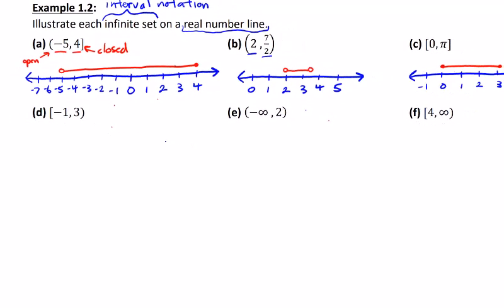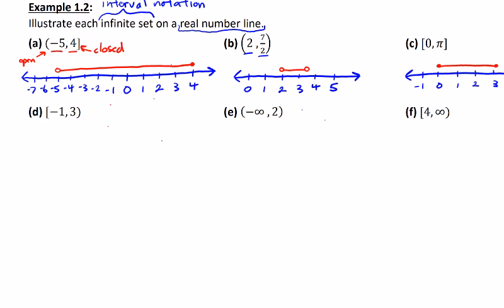So coming over to part D, we have a combination of closed and open, just like we did with part A. So let me draw my number line. And the more practice you get, the better you will be at drawing your number lines, more efficient, more quick.